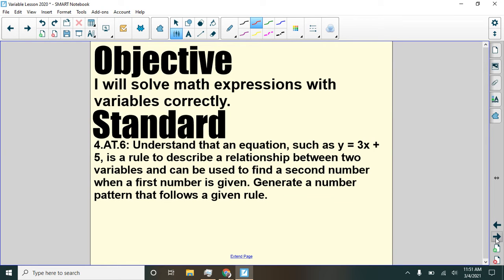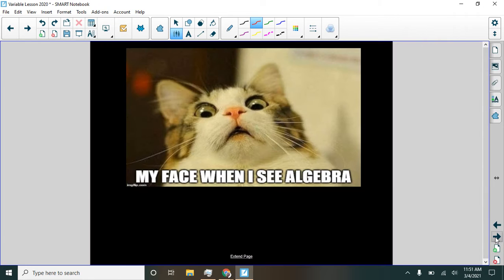Our objective here today is to solve math expressions with variables. And you can see in this standard why we're talking about this. See this equation right here? We have to be able to figure out what to do when 2 variables, when 2 letters, are in the same equation. This is algebra.